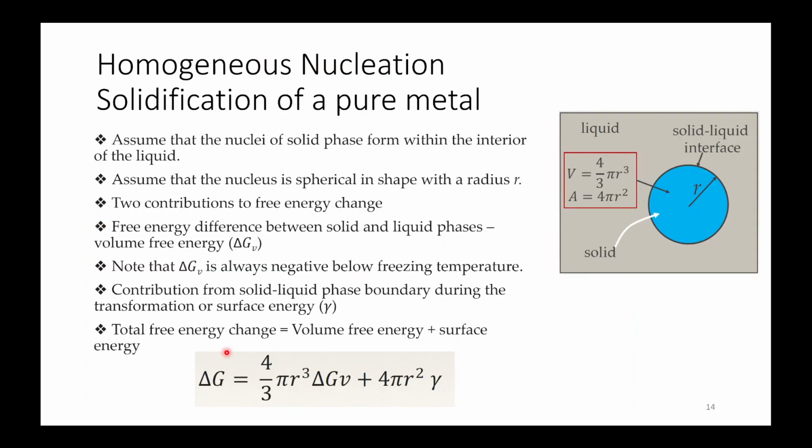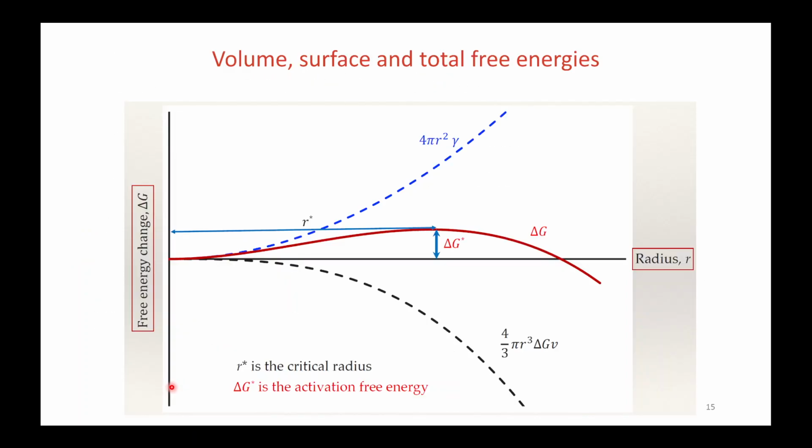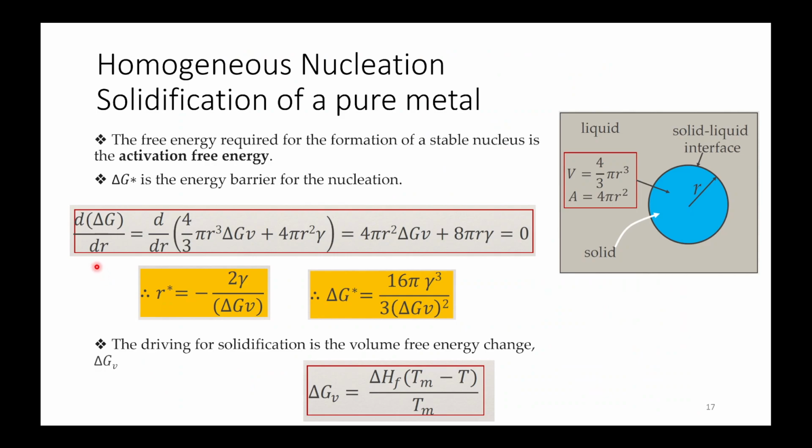Initially we have delta G equals 4/3 pi r cube delta GV plus 4 pi r square gamma. After differentiating it with respect to r, you'll get 4 pi r square delta GV plus 8 pi r gamma.